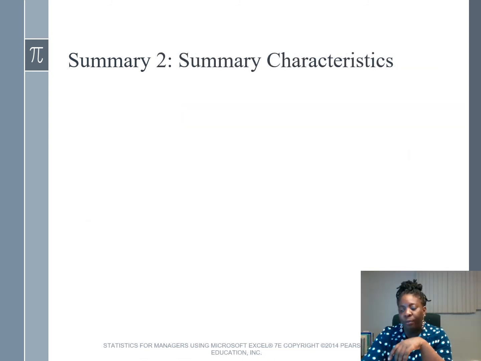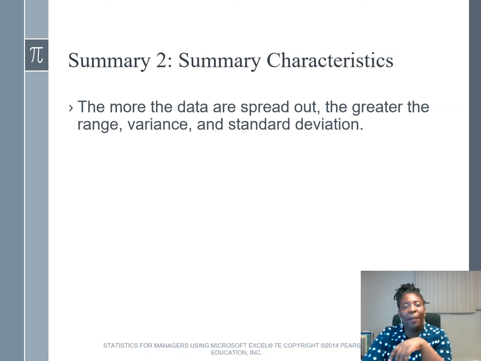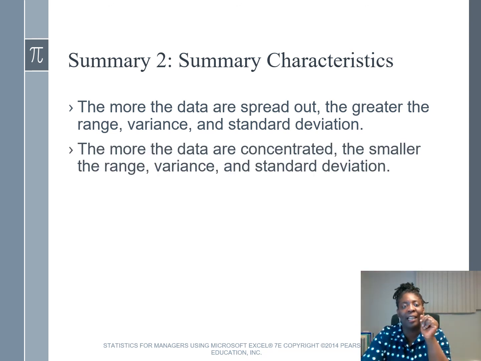We also talked about measures of distribution. The more data is spread out, the larger the range, the variance, and the deviation. In other words, all of the measures of variation are larger, the wider your data is, the more spread out it is.